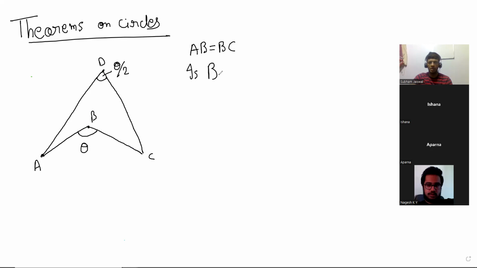Is B the center of ADC? So ADC, you'll have a circle around ADC, a unique circle. Is B going to be its center?